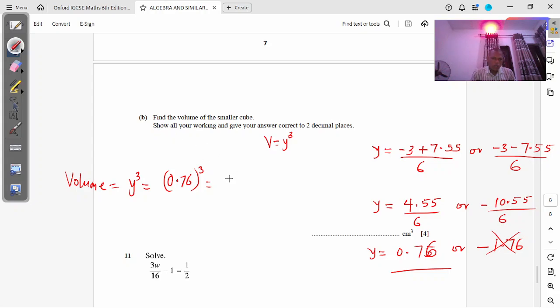This gives me 0.438976 centimeter cube. But it says show all your working and give your answer to 2 decimal places. So the volume of the smaller cube is 0.44 centimeter cube. This is correct to 2 decimal places.